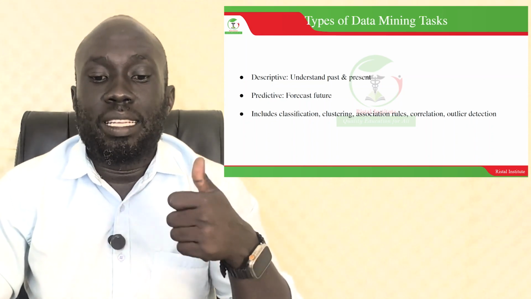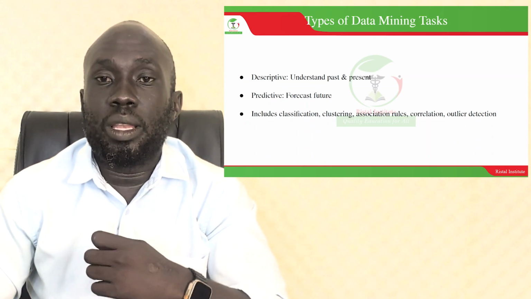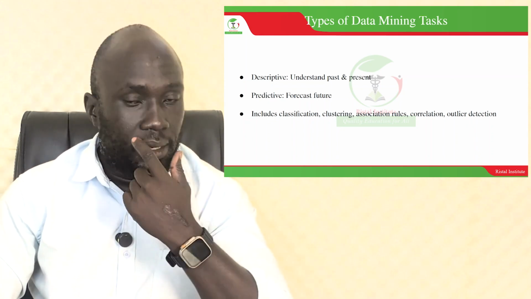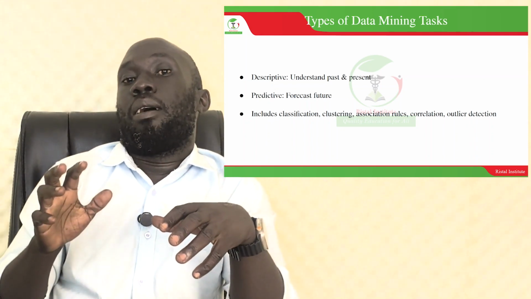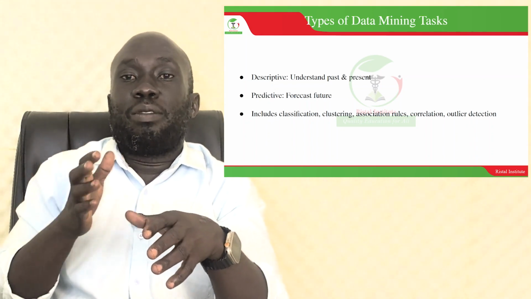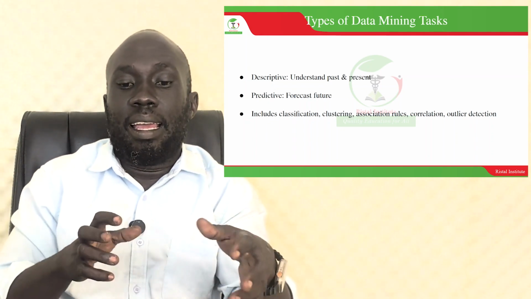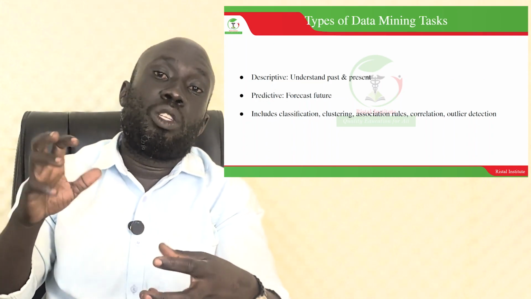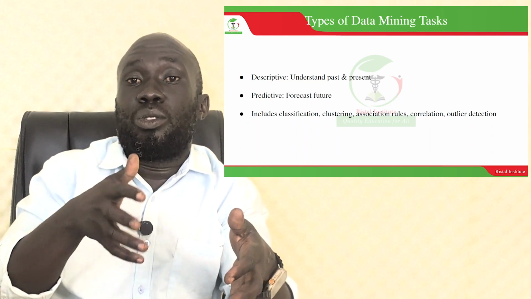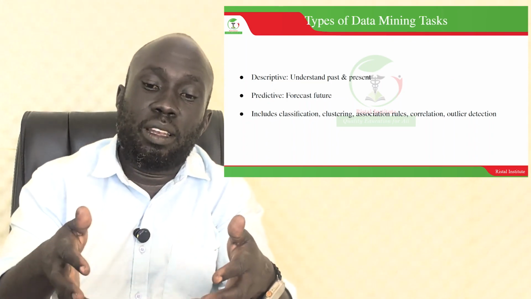And then it includes classification, clustering, association, correlation, and outlier detection. What does that mean? It includes classification, which classifies the data according to its relevance. And then clustering, which is grouping based on the classification or relevance as well.